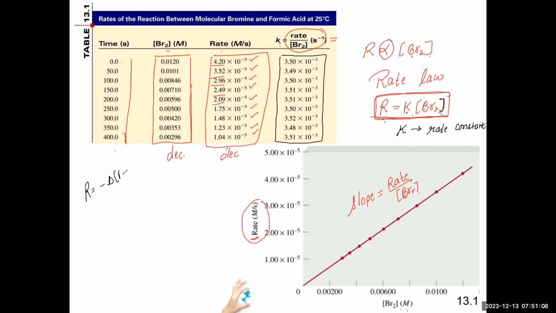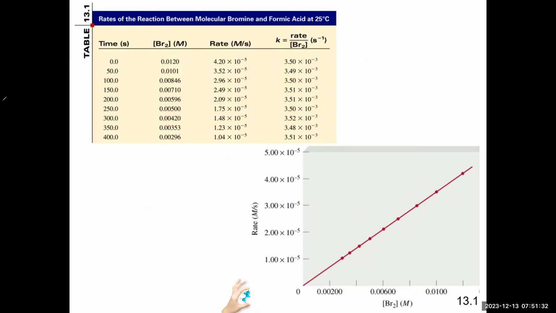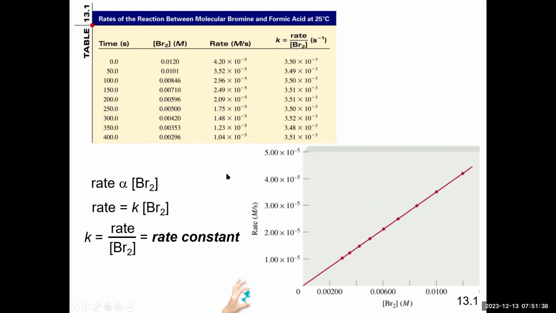Minus delta Br2 over delta T. This is also rate, the definition of rate, average rates you can say. But this is the rate law. For every equation, they will give you some graph and you have to understand the meaning of the graph. We are good?